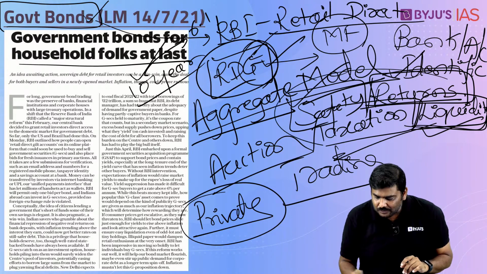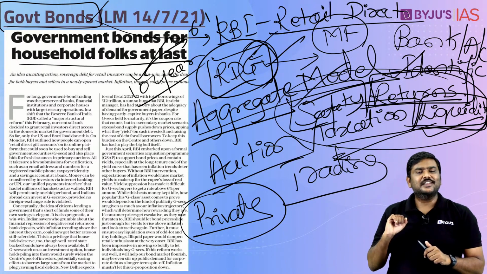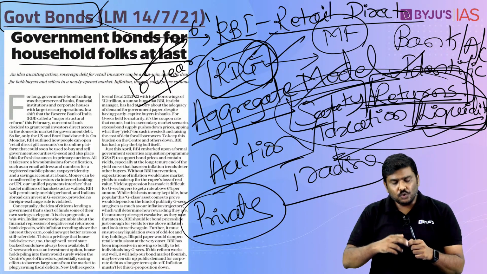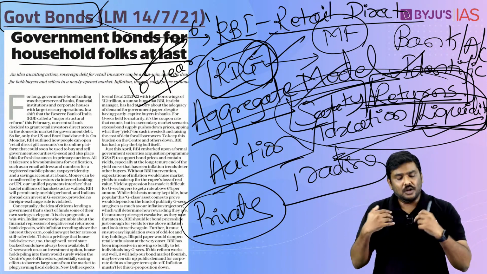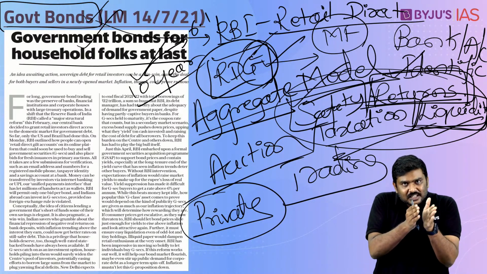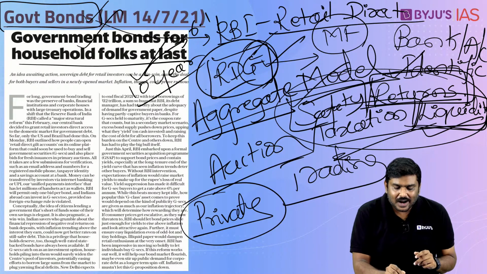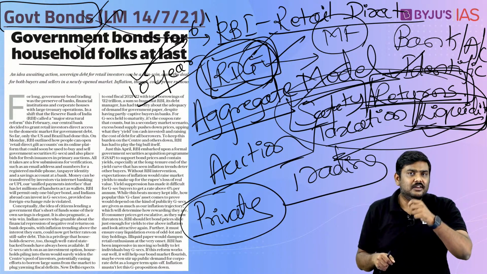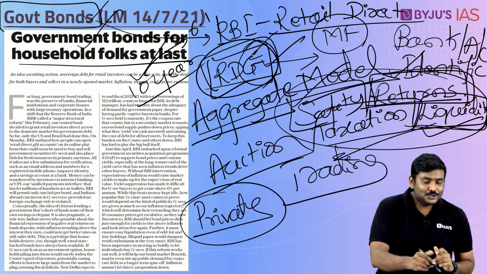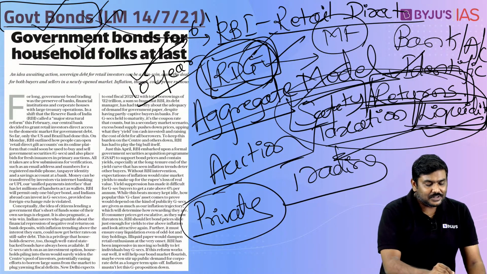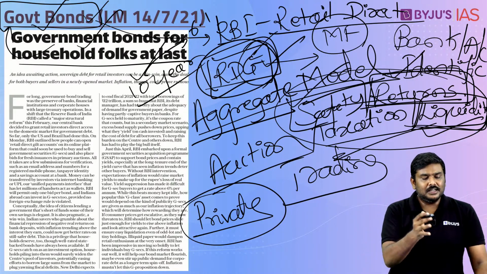So on these particular 4 parameters, various experts have stated that there is a need for both Government of India as well as RBI to do more if they want to attract a lot of retail investments into these particular RDG accounts, and if they want to increase the participation of the retail investors within this particular process. So this is the detailed discussion with respect to RBI allowing the retail investors to directly participate and purchase these particular government bonds.